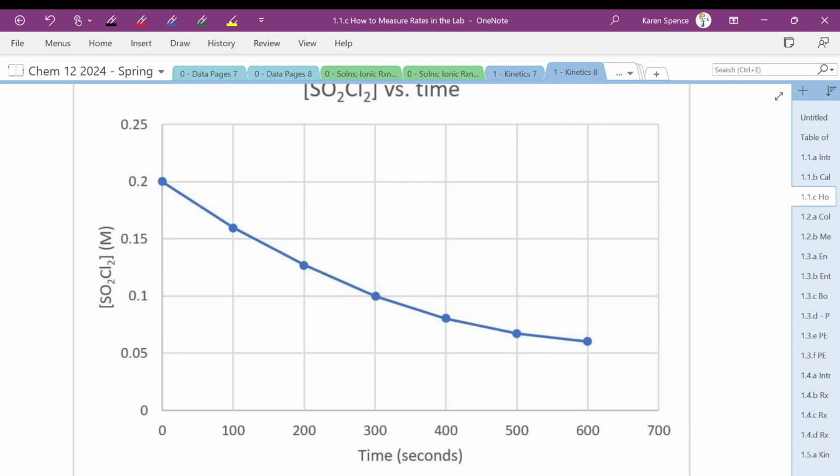Where is the rate of the reaction the greatest? 0 to 100. Okay, so we have our steepest slope. That means that when we have the steepest slope, we have the fastest rate.